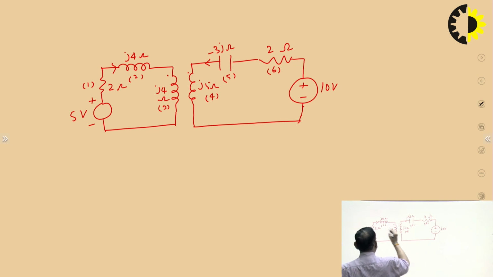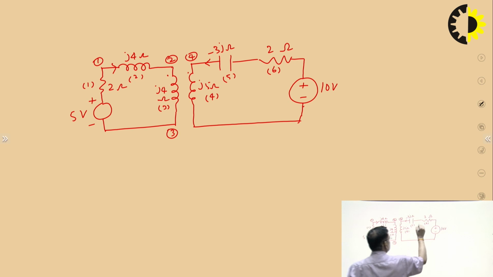Then you can identify the number of nodes. So this is number 1 node, this is number 2, this is 3, this is 4, this is your 5, and this is your 6.